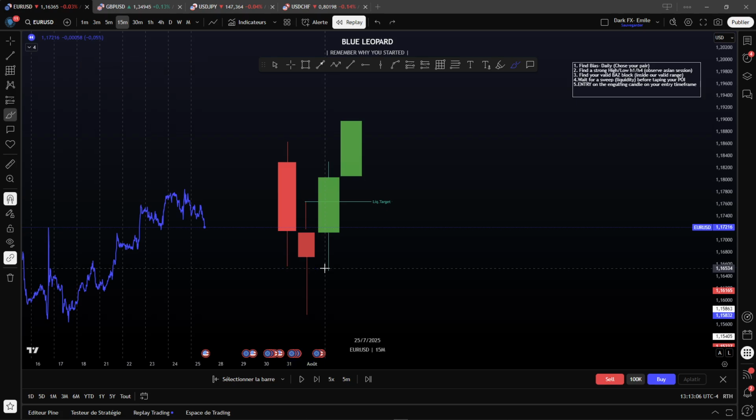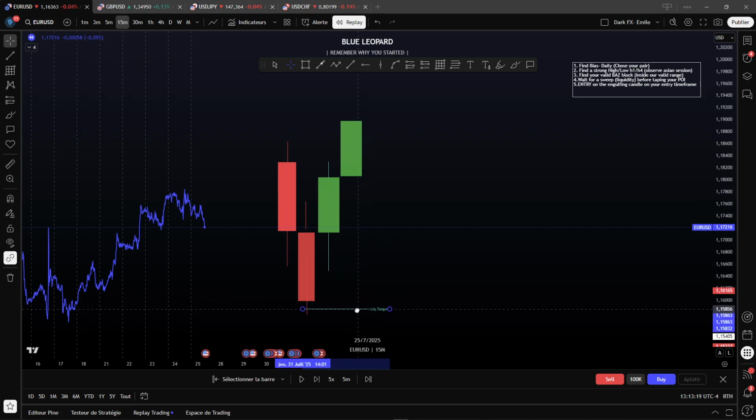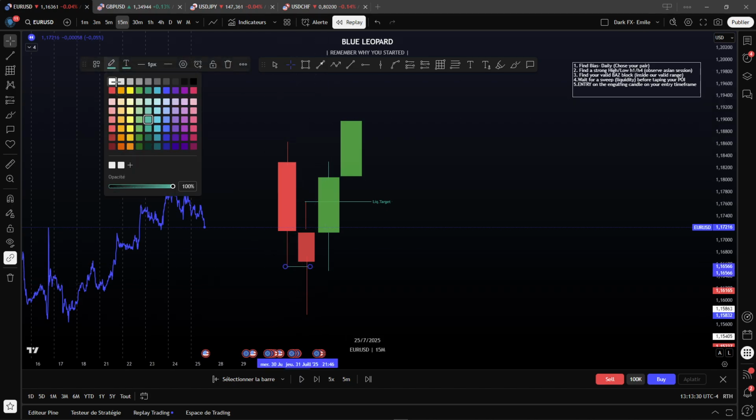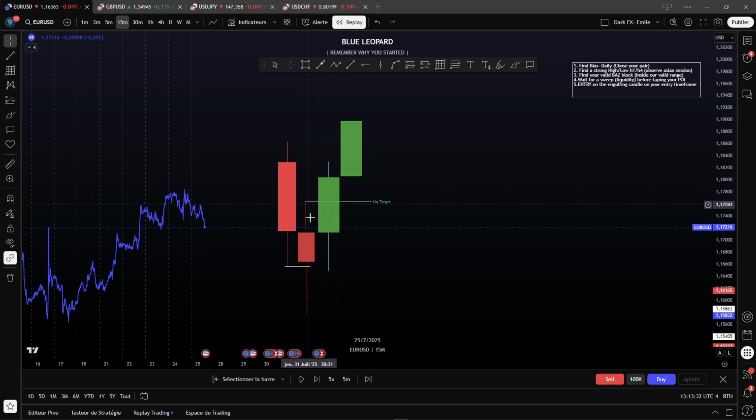Then we continued lower and closed below. Bearish intention. In this case, we continue lower because the candle has shown us that we need to target this low. The opposite happened when we swept liquidity and did not close below. We swept liquidity here.